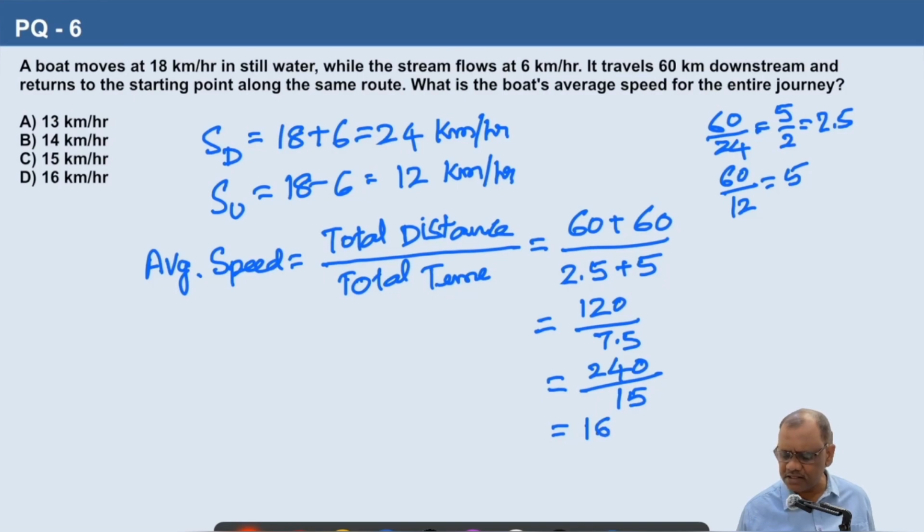So the average speed is 16 kilometers per hour. 16 kilometers per hour is the average speed. Option D is the correct answer.